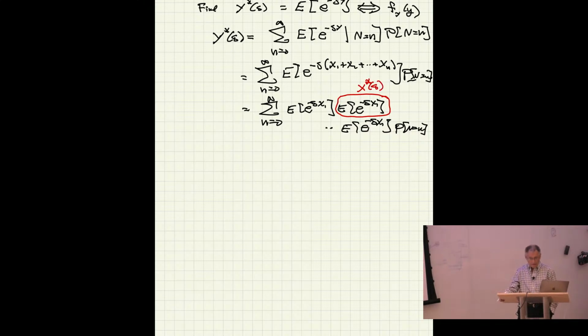Easy. And how many of those am I multiplying together in this summation? Exactly n of them. Okay? So this sum, the summation from n equals 0 to infinity of x star of s, there are n of them. Yes?